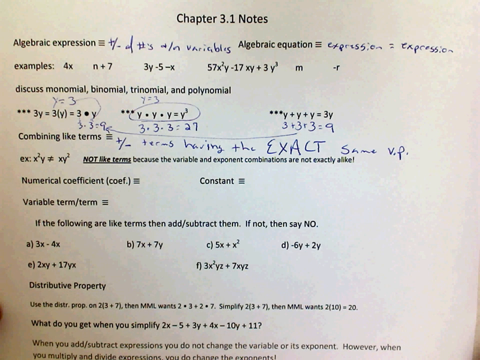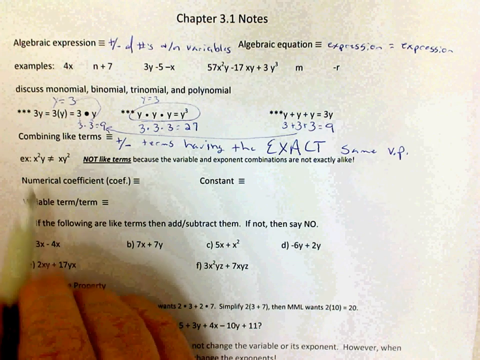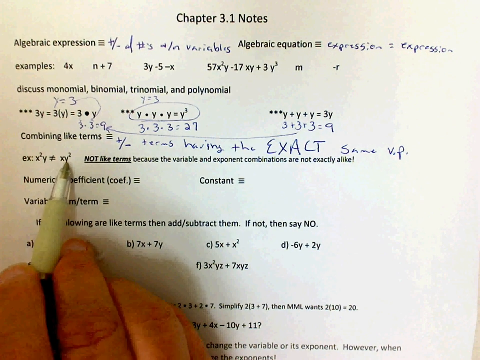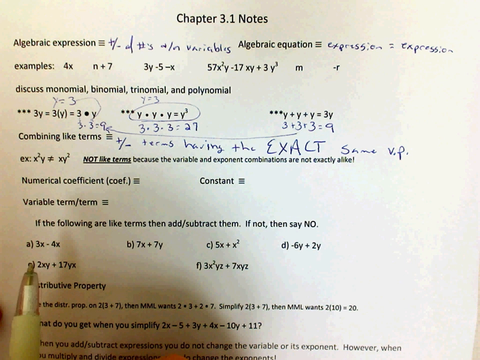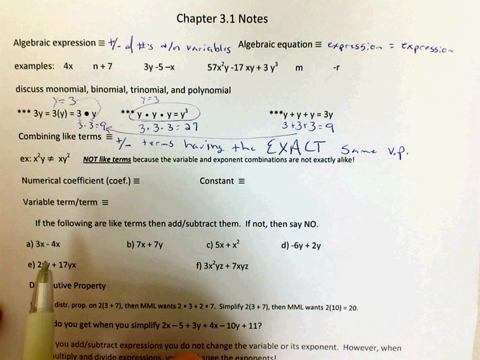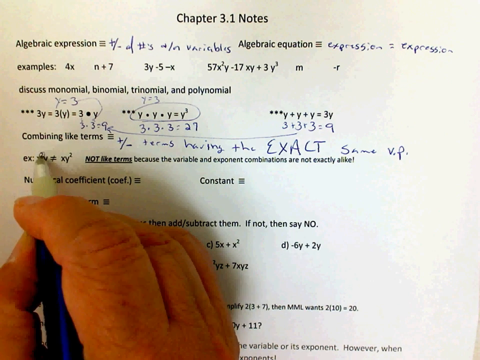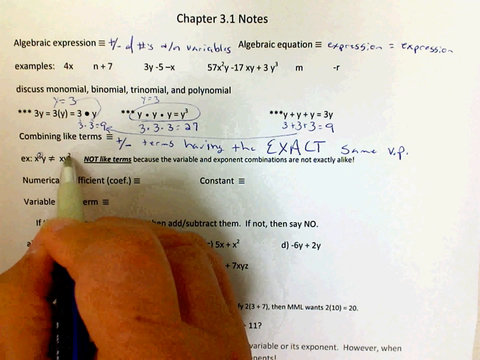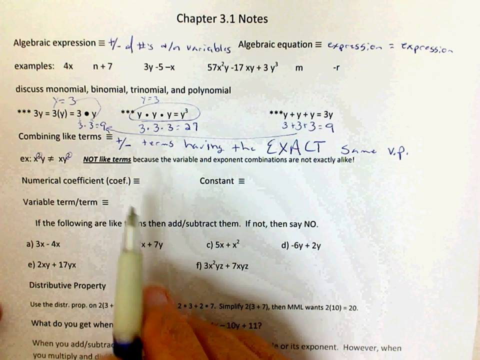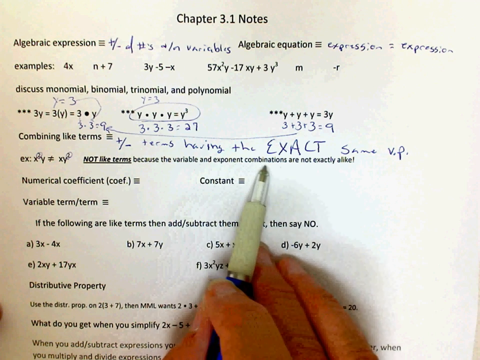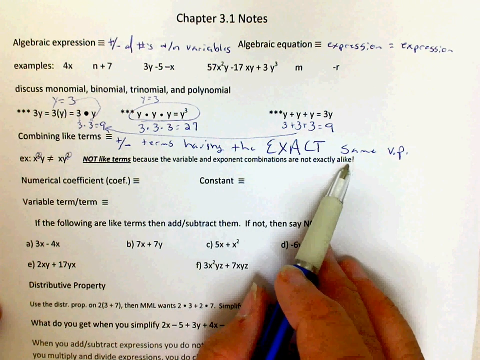So VP is going to stand for variable part. x squared y is not the same as xy squared, even though they have the same variables and the same exponent number. The problem is the exponent of 2 is on the x here, but on the y here. Therefore, they're not like terms because the variable and exponent combinations are not exactly alike.